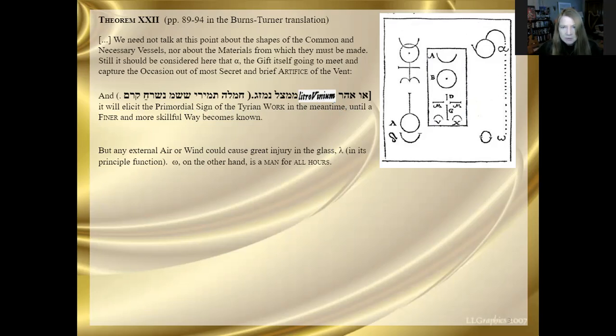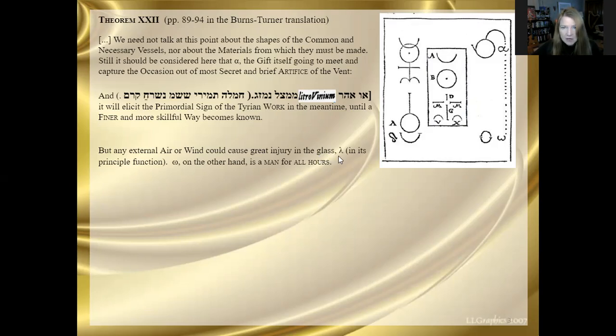So everything in parentheses there is related in some way to eliciting the primordial sign of the Tyrian work, the great work, magnum opus, philosopher's stone, and so on. In one way, since it's in parentheses, it's just kind of incidental, but come on, it's incidental to the whole way of creating the great work.